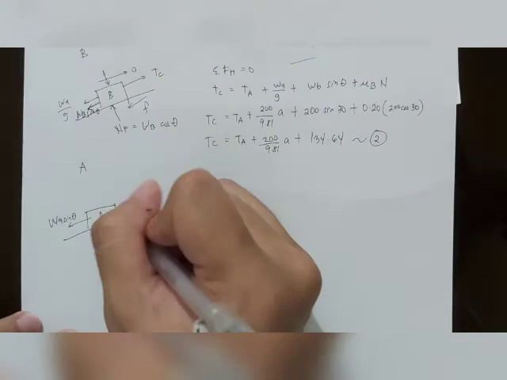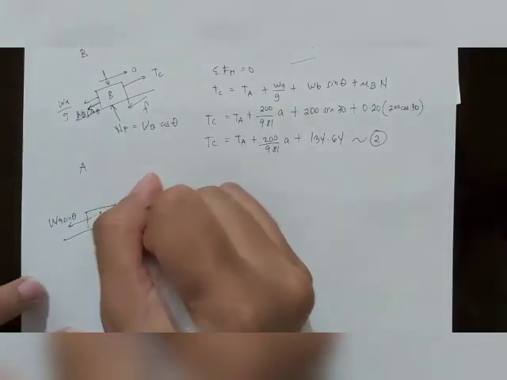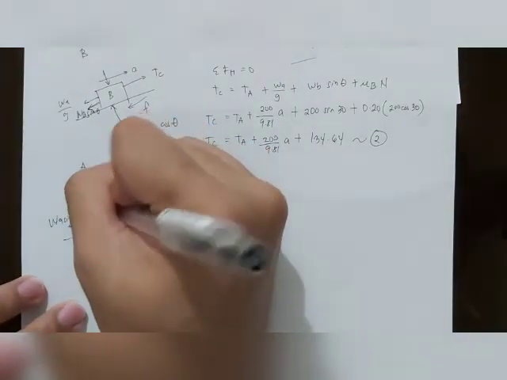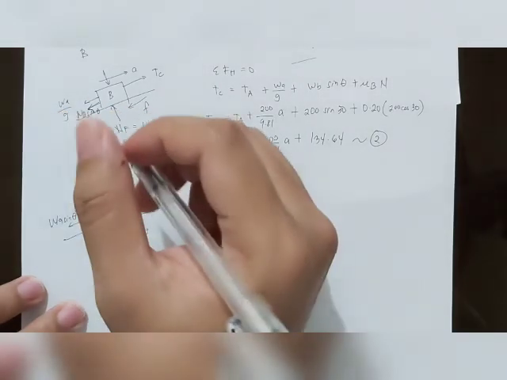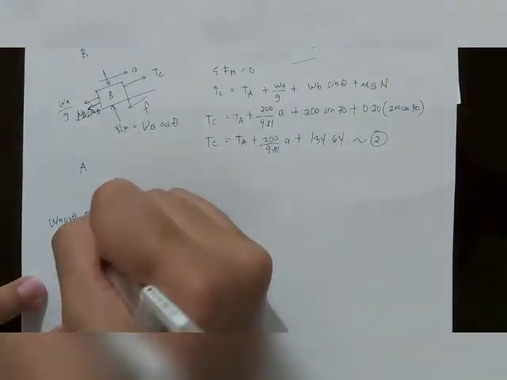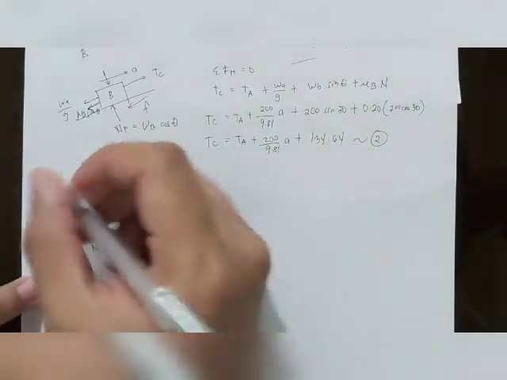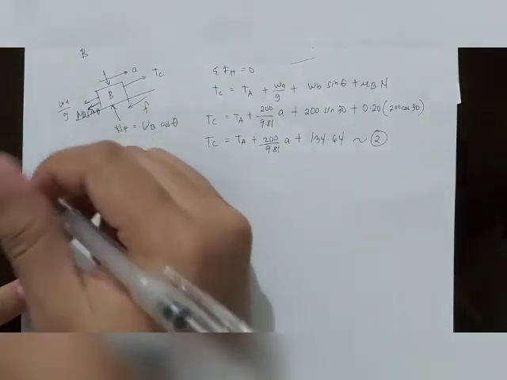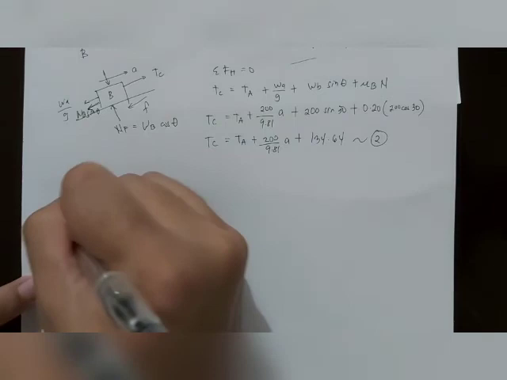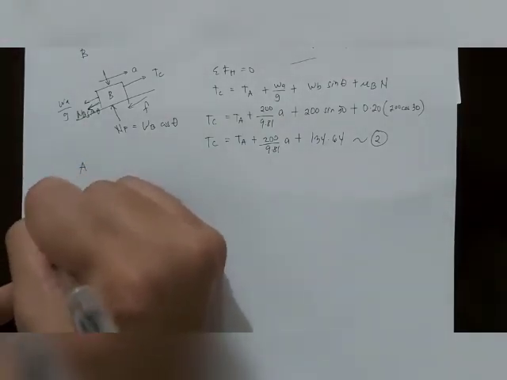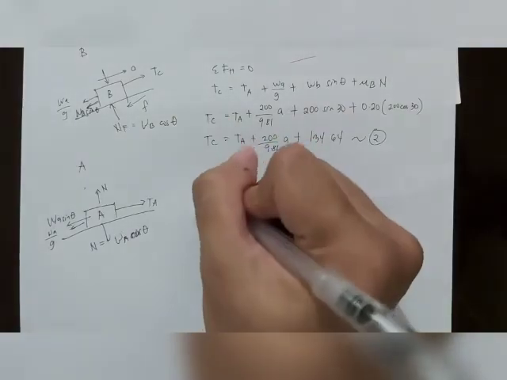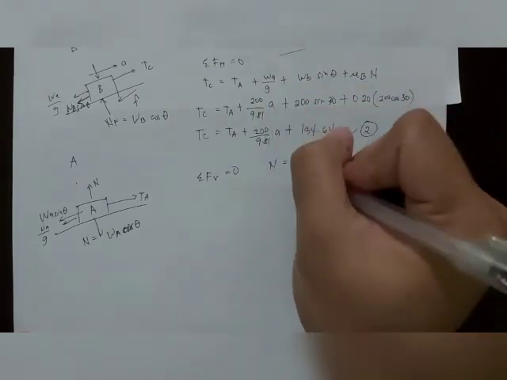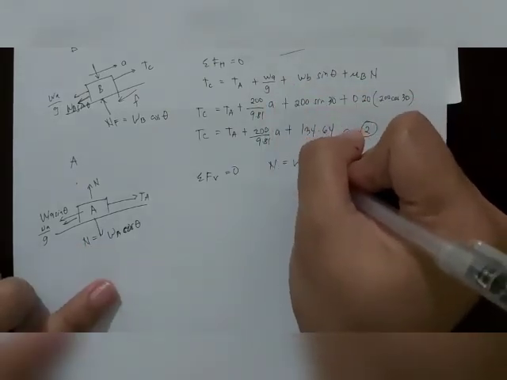And connected to the tension, we have tension A. Here is the normal force. So normal force is equal to W_A cosine theta. The acceleration is upward, so the mass, or W_A over g, is downward. Summation of forces vertical is equal to 0, where N is equal to W_A cosine theta.